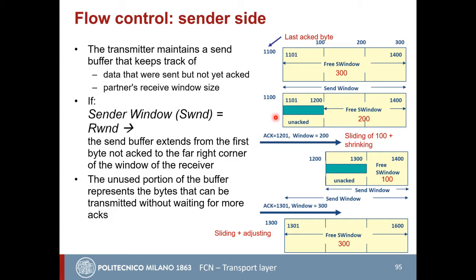The first segment is taking 100 bytes. These bytes are produced by the application, and they are placed in the transmission buffer because they have been sent, but they are not yet acknowledged.